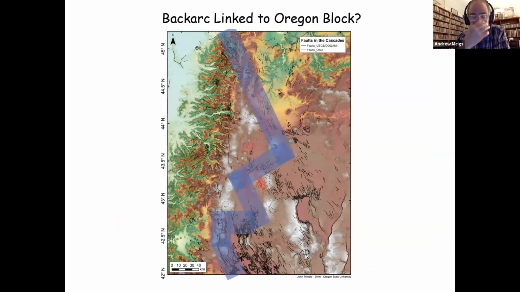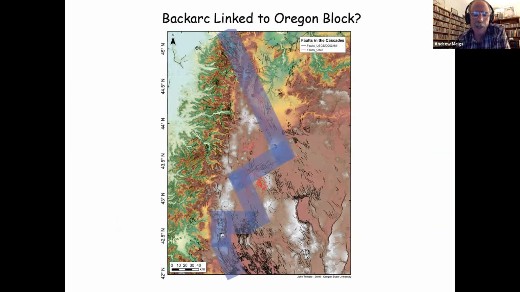And they lead to a view, at least in my opinion, that there is a fault zone that extends from the Klamath Basin through the Walker Rim area underneath Newberry and then comes out of the Sisters Fault Zone that is in effect slicing off a piece of the back arc and adding it to the fore-arc block.